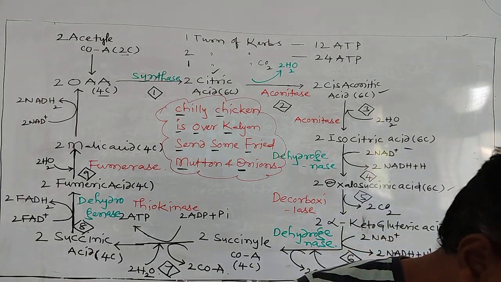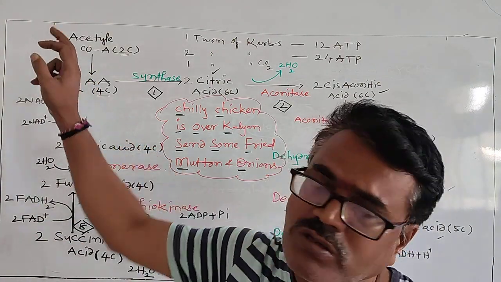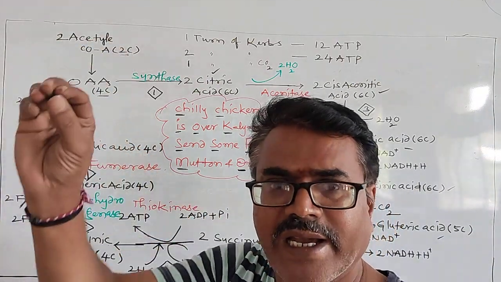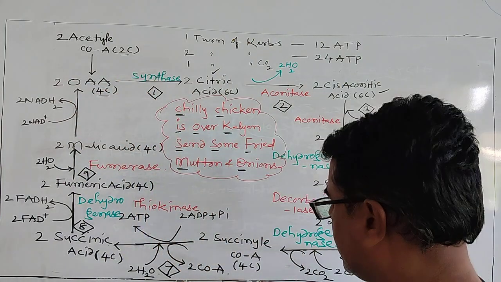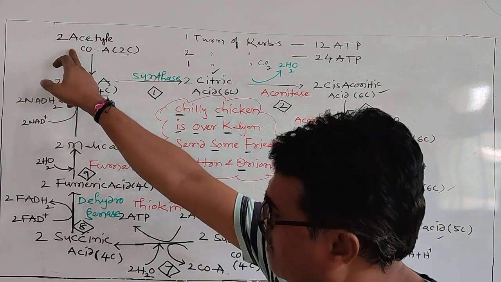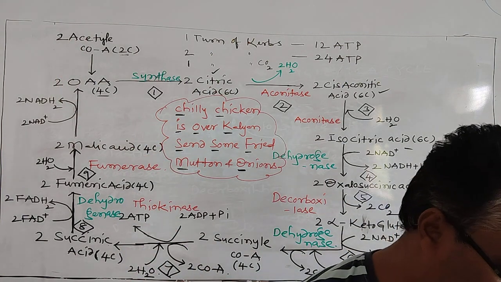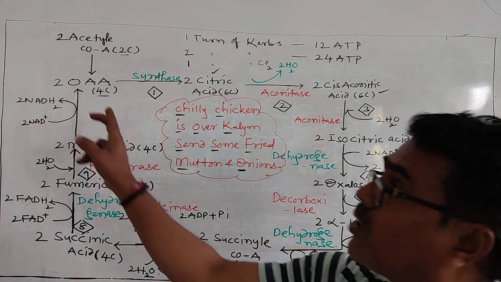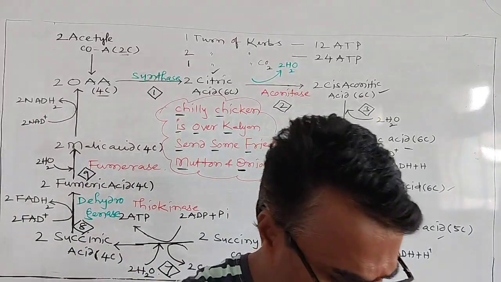How many acetyl coenzyme A are required here? 2 moles of acetyl coenzyme A are required. Look here: when 2 acetyl coenzyme A are used, how many coenzyme A go out? 2 coenzyme A. 2 moles of coenzyme A go out, and 2 moles of coenzyme A come in.